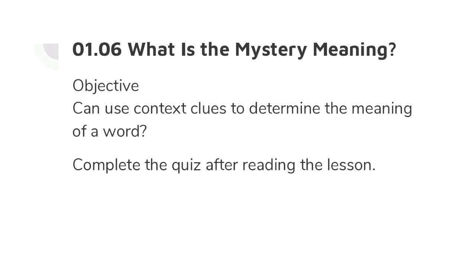So your objective is, can I use, I forgot to put can I in there, can I use context clues to determine the meaning of a word? All right, so it's about context clues, and you want, at the end of the lesson, to be able to use context clues to help you determine the meaning of an unknown or unfamiliar word. And after you read through the lesson, you take your notes. You want to go and complete the quiz for 1.06.